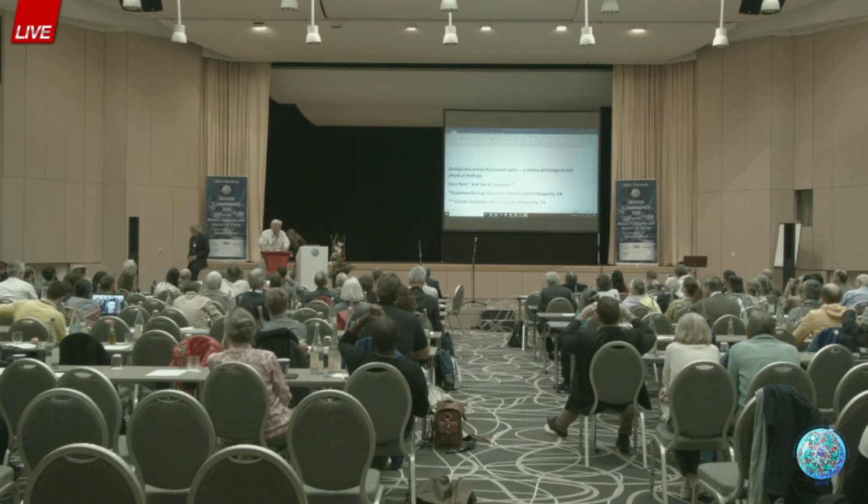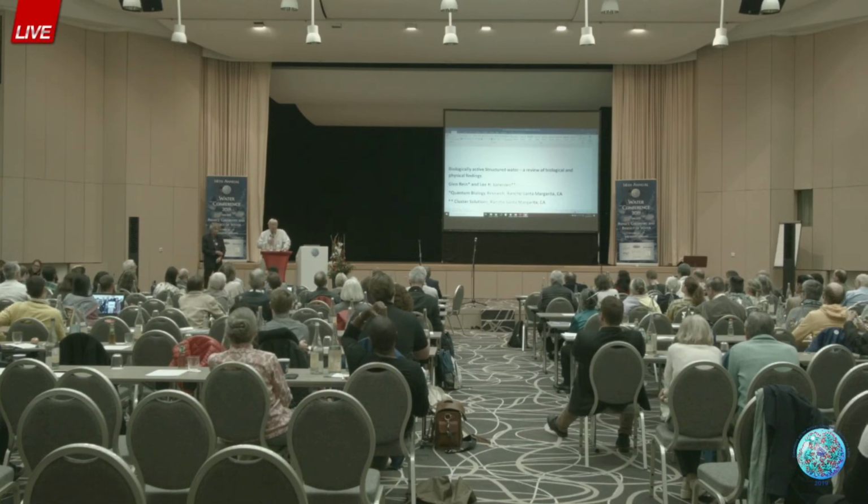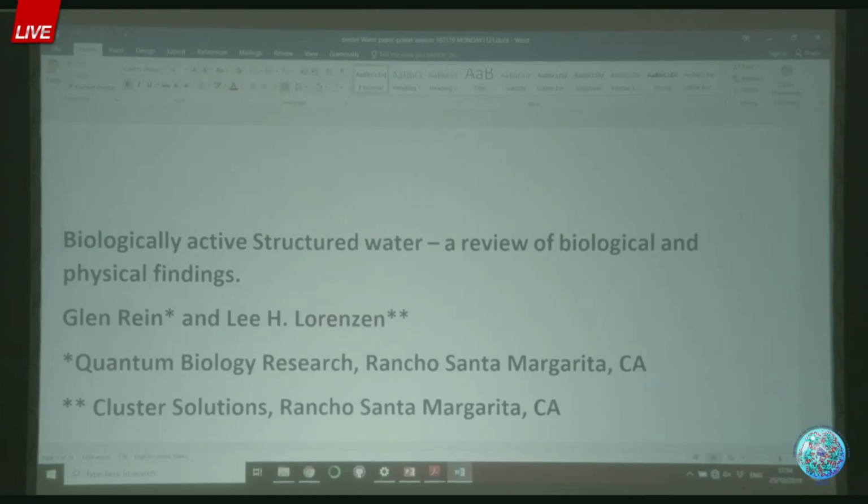Good afternoon. 30 years ago, I was a researcher at the University of California, Irvine, in pharmacology, when I got the news that my wife was very ill with a mitochondrial disease, which resulted in her being bedridden. We exhausted every medication, every therapy possible, and I was fortunate enough to call Dr. Jacques Benveniste. He helped me and guided me.